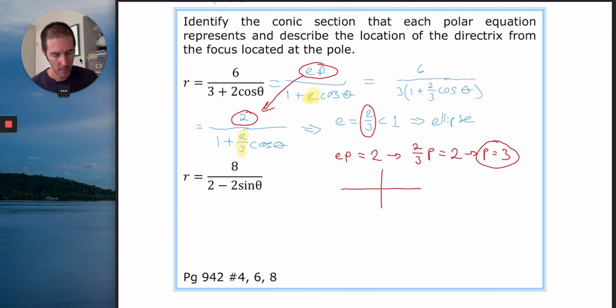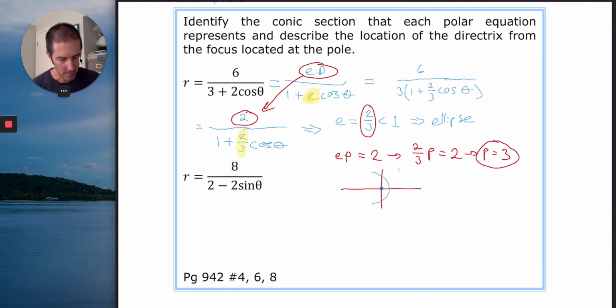That's a little better. So remember, the origin is going to be the pole, the origin is going to be the focus. This curve is going to be wrapping around that focus, around the pole. This portion of it will be concave to the left based on what we saw on the previous slide.